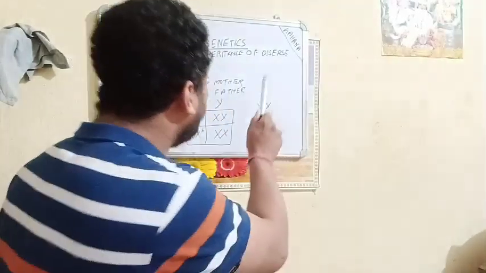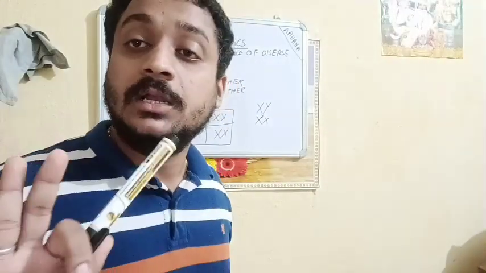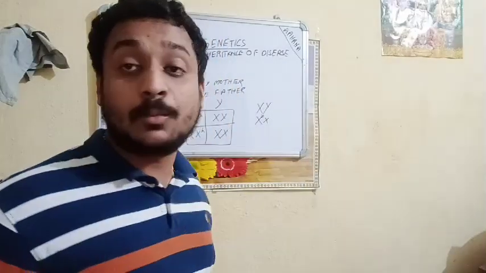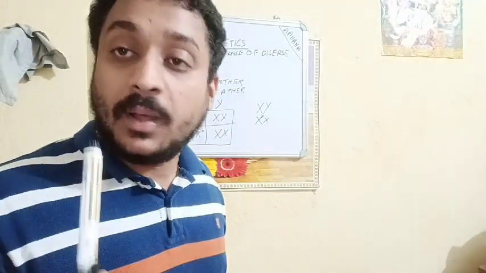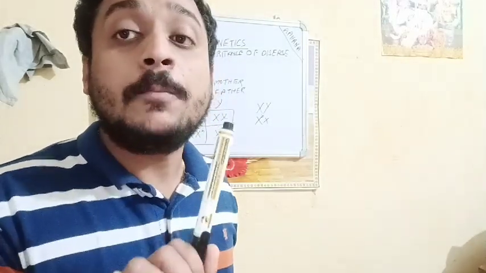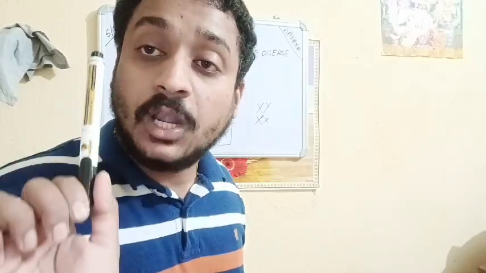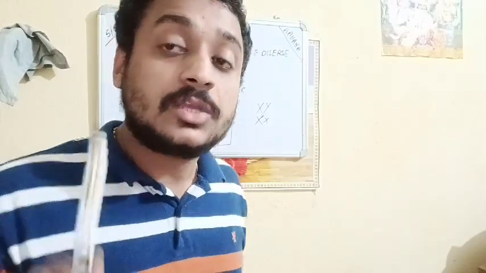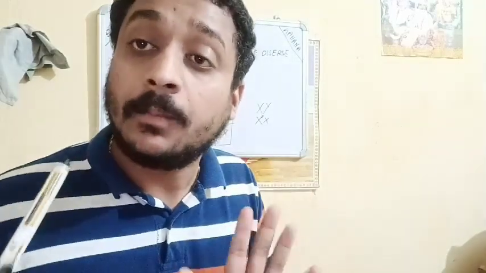But in case of male, what happens? If only one X chromosome is altered, then Y cannot tackle this X chromosome and the male has to get the disease. Please make it clear, the male group cannot become a carrier of the disease. If anything goes wrong with the only X chromosome of the male, surely the male has to get the disease, no carrier for human male.